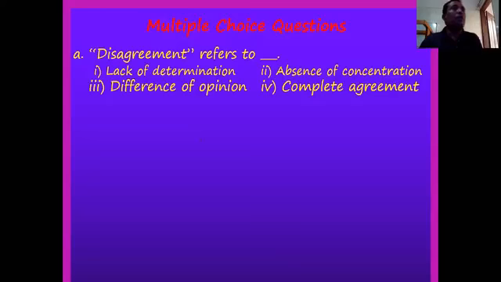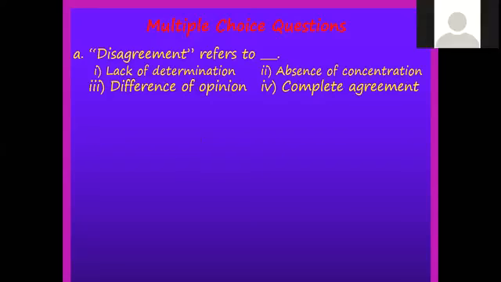Number 4, complete agreement. Write your answer. So number 3, sir. Write it in your exercise book. You need not tell it. I will show the answer in our following slide. Done, sir. Next question, please.